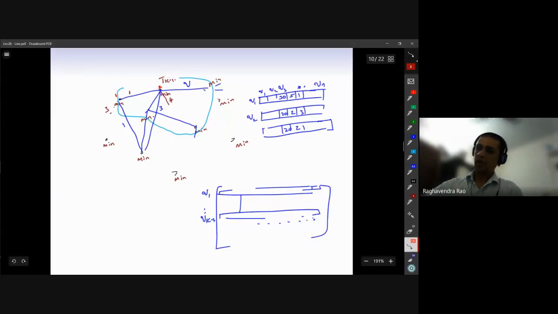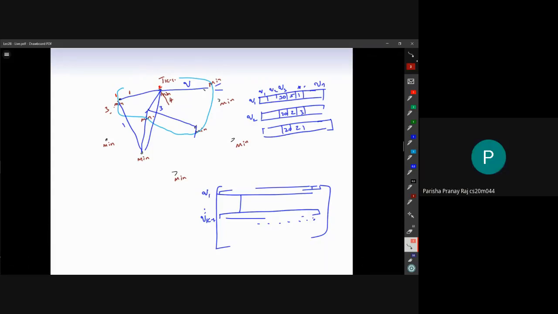Now you also have an outgoing array here. All you do is a merge operation this way. V1 could be the array for this whole tree T(k minus 1). V2 is the array for this new vertex whose edge is being added. You just merge. It will be a linear time operation.